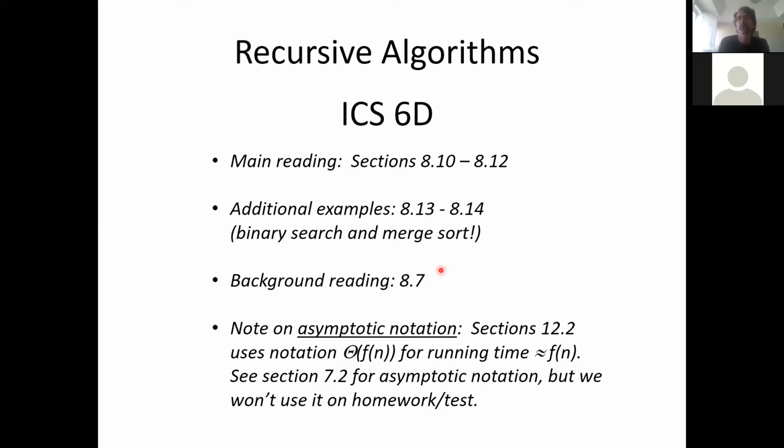If you read this theta and you really don't want to read what this is truly about, then just think of this as approximately whatever the function, okay? And I will not require anything more from you in this class. On the other hand, this is an absolutely fundamental concept, so you should know it.